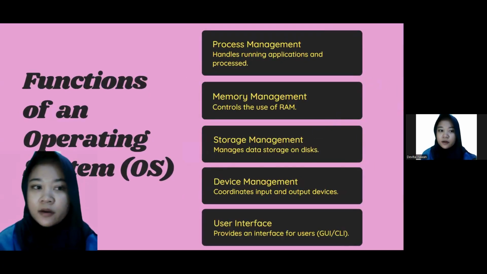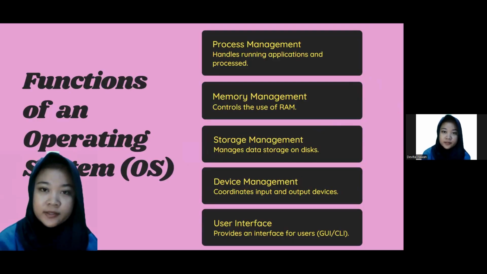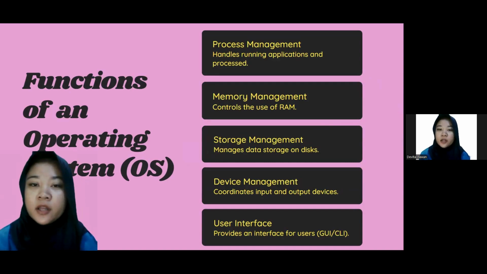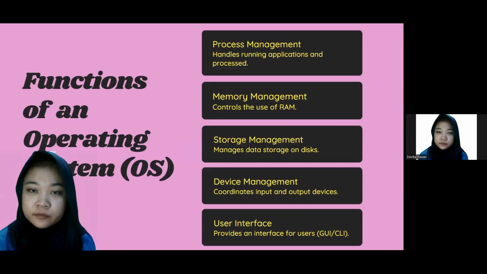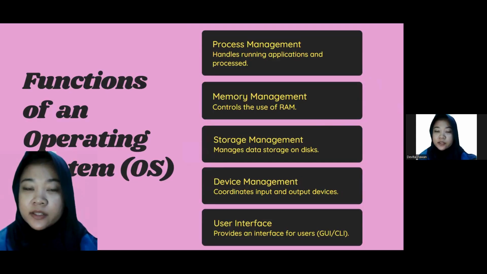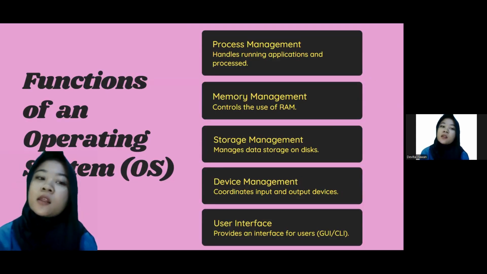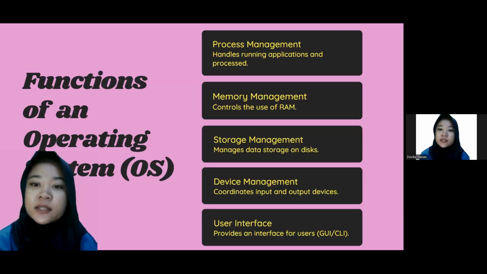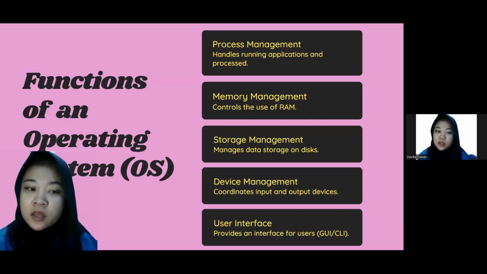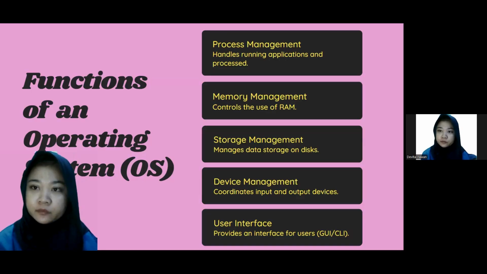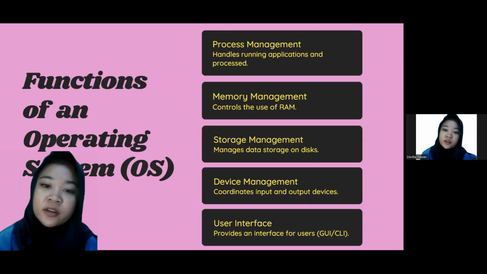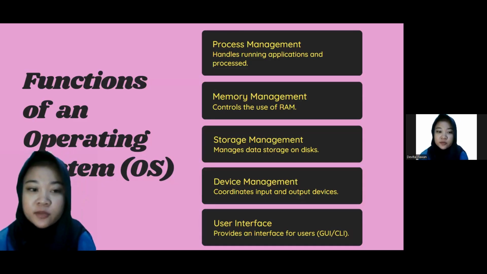The next is functions of an operating system, or OS. The first function is process management. Operating system handles running applications and processes. The second function is memory management. Operating system controls the use of RAM. The third function is storage management.